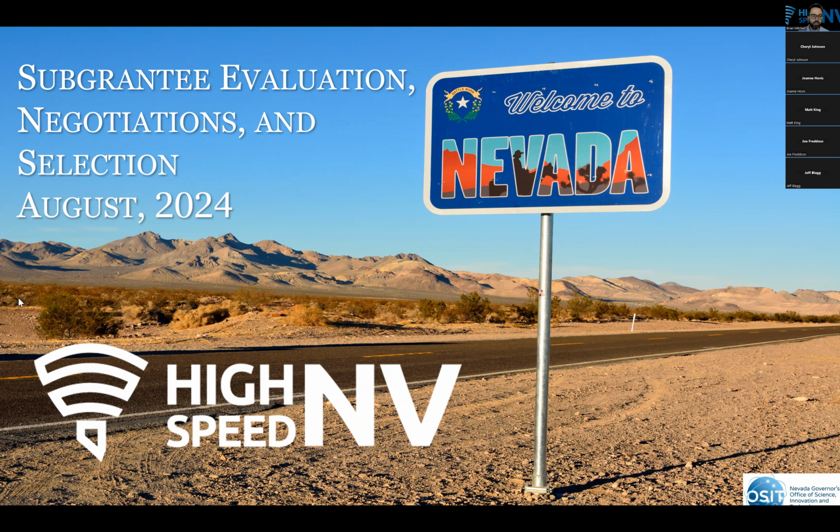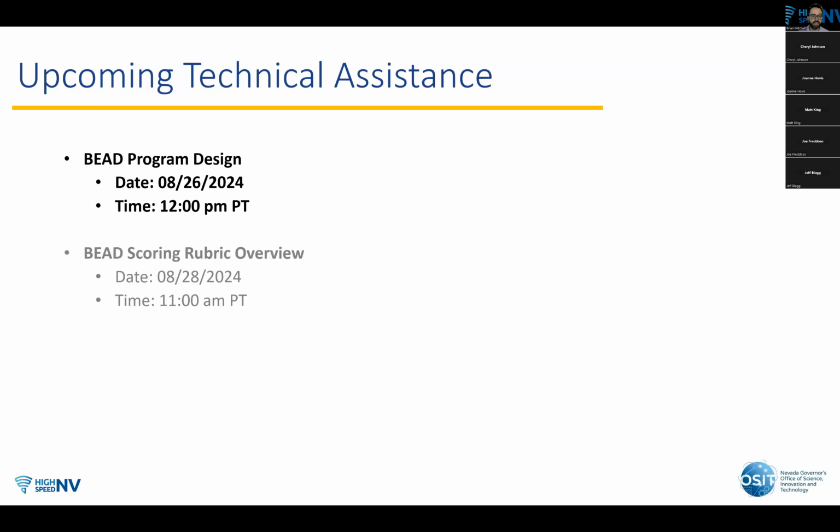We've also posted today on the OSIT website, and you should be getting an email from us. If it's not already in your inbox, it will be very shortly, that we have officially opened the BEAD subgrantee selection process, and the application period has begun.